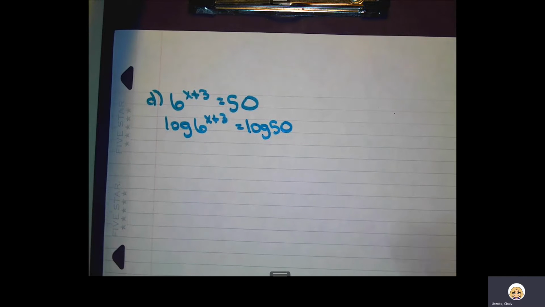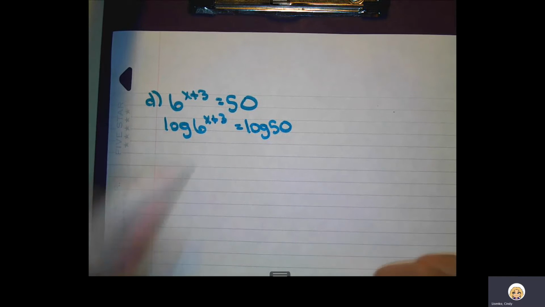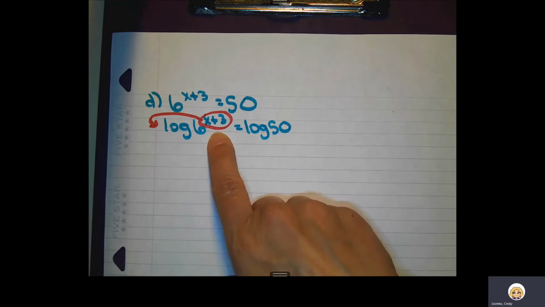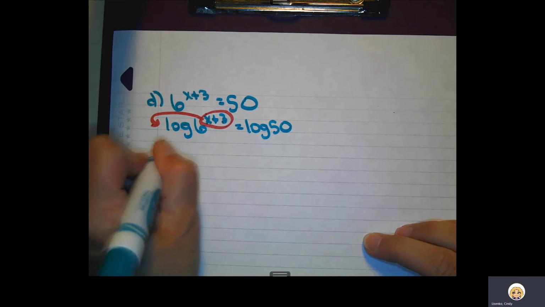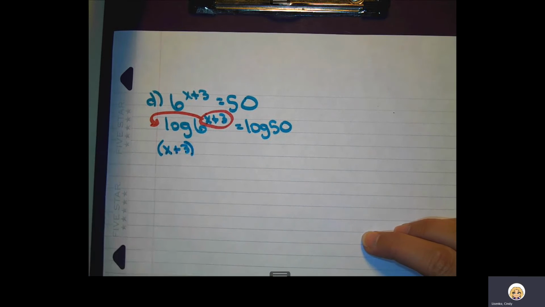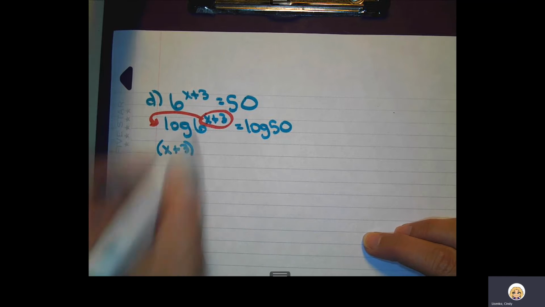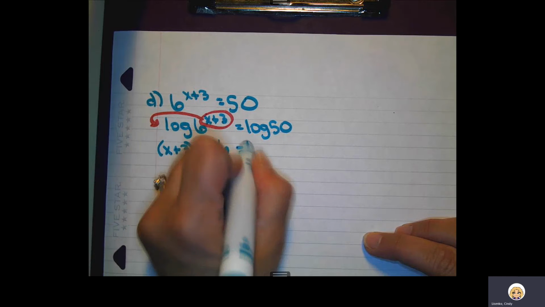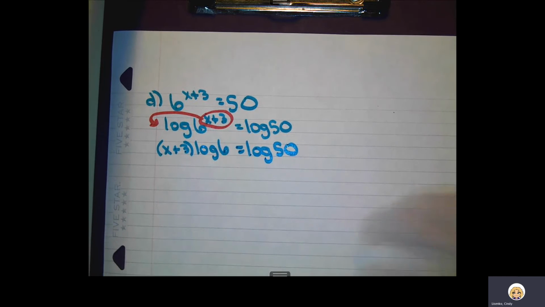You give the log to both sides. Our rule says that we can take our exponent and bring it to the front. So normally we just have an x there, but we have an x plus 3. So I'm going to put the x plus 3 in parentheses since that was the exponent. That's going to go in front of the log of 6. I'll bring down the right side. We have the log of 50.